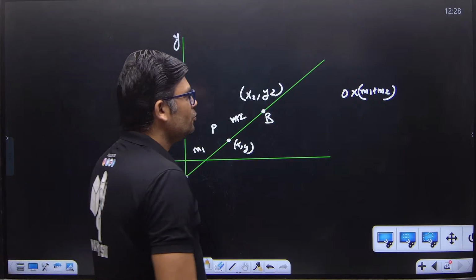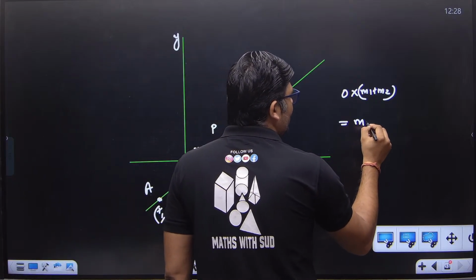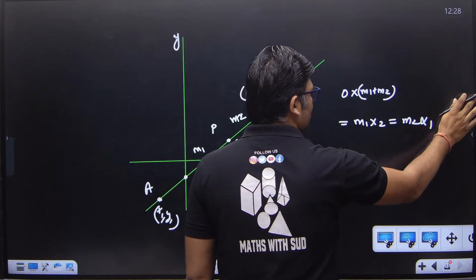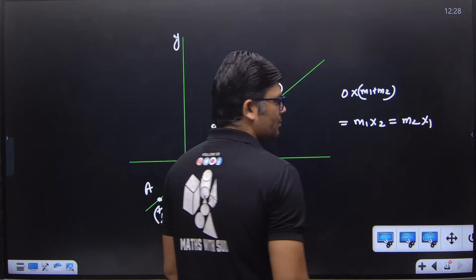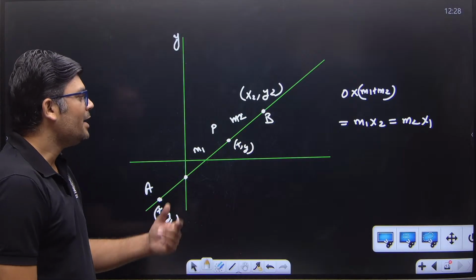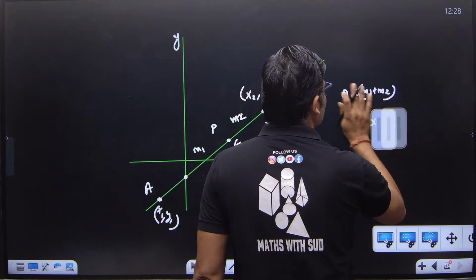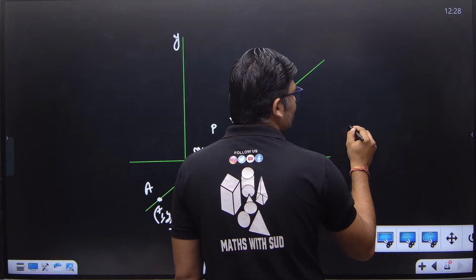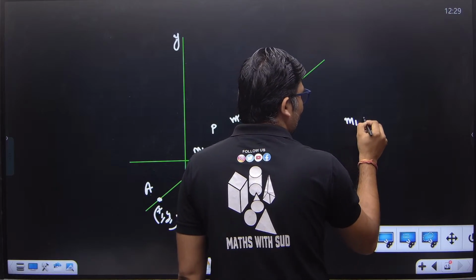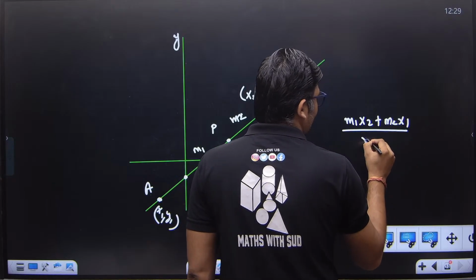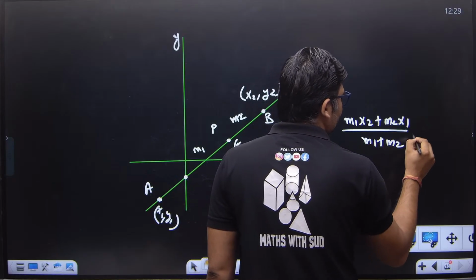So you will have m1 x2 is equal to m2 x1. Are you getting it? Or minus m2 x1, it's like that. Let me show you. So let us suppose the ratio is m1 is to m2. So you will write m1 x2 plus m2 x1 divided by m1 plus m2, which will be equal to 0.